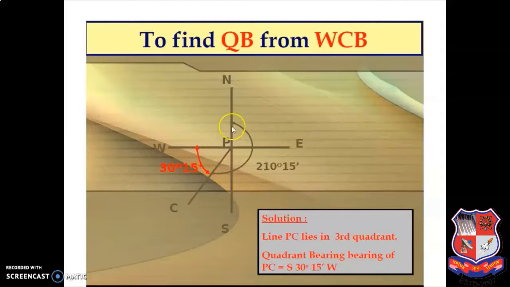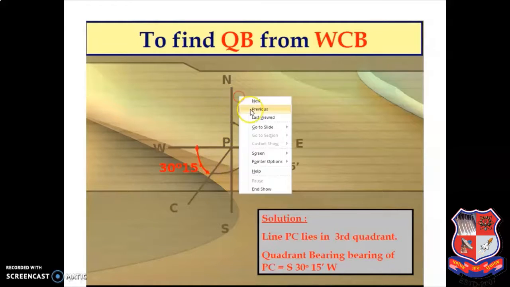Same way, the third one. Here WCB is given as 210 degree 15 minute, which lies in the third quadrant. So what is your answer? Line PC lies in the third quadrant. So what is the quadrantal bearing reading? PC is equal to south 30 degree 15 minute west. How? From here to here it is 210 degree 15 minute.